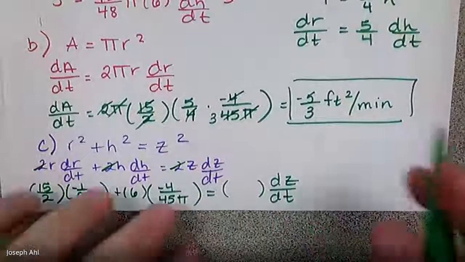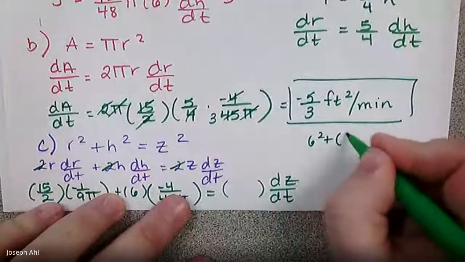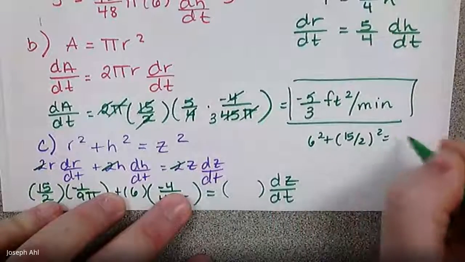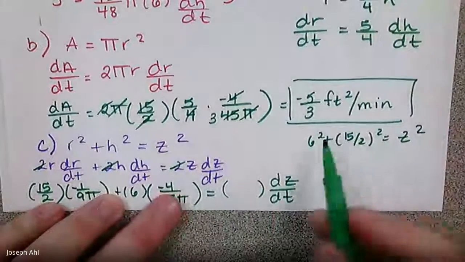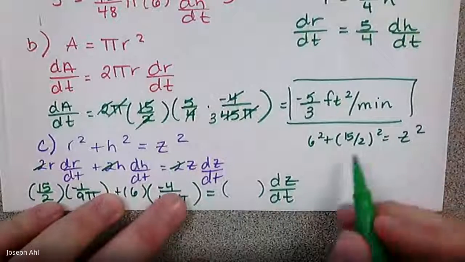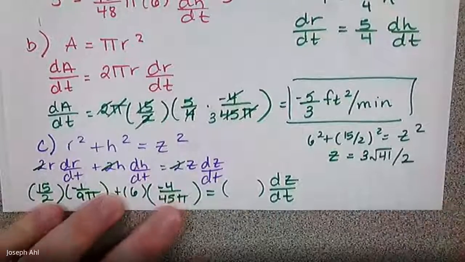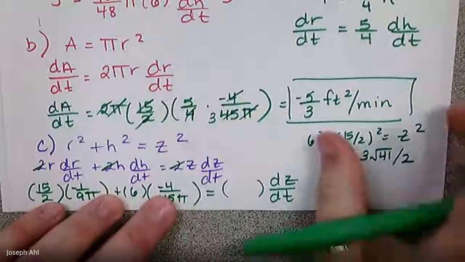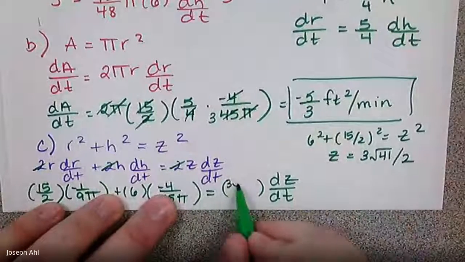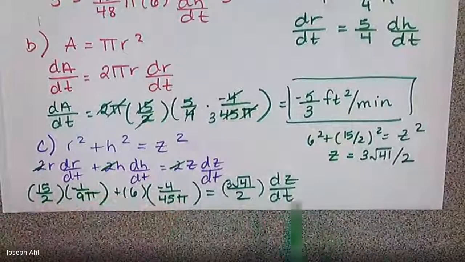How would we find z? Well, using the Pythagorean theorem at this given moment in time, we would solve that and eventually simplify z to be the lovely value of 3√41 over 2. I'm not doing the algebra there to show you the Pythagorean theorem. Hopefully you trust me on that, but that's the value of z.